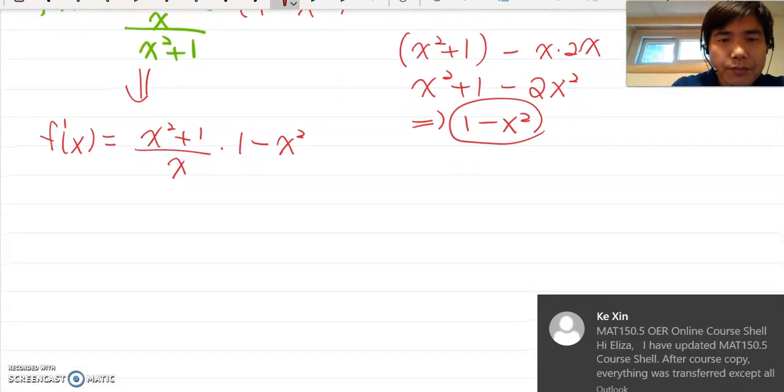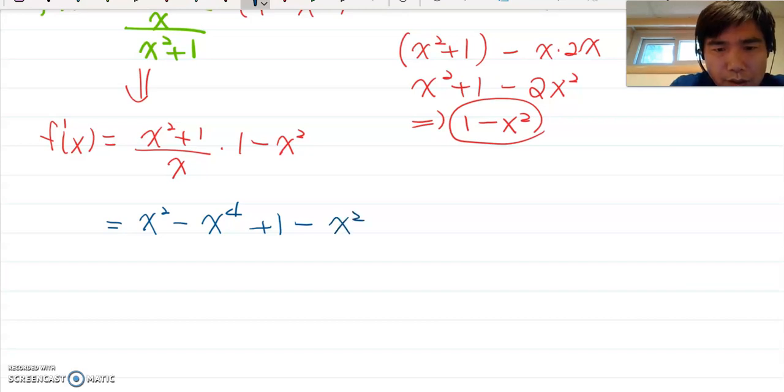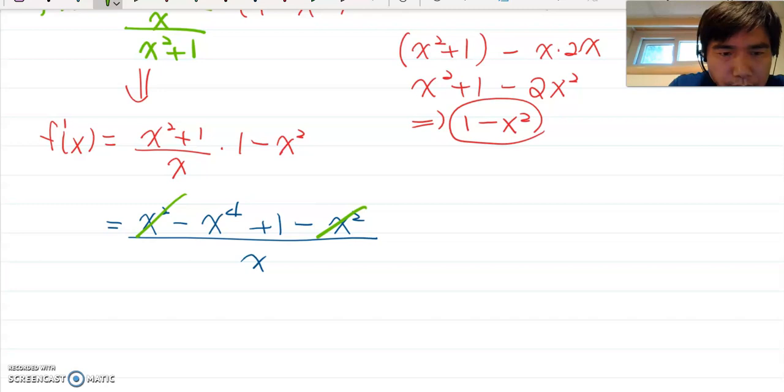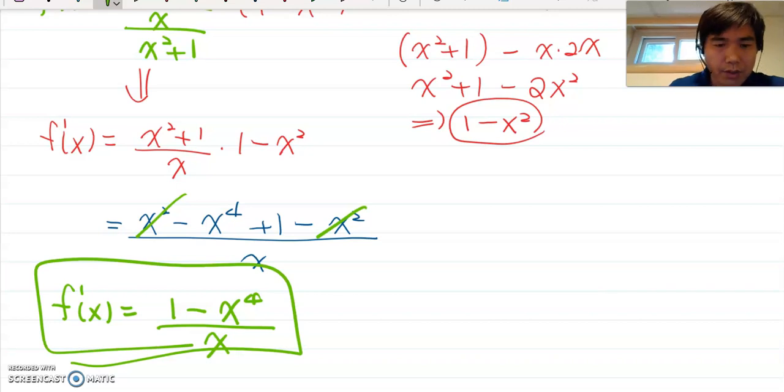Okay, so in this case I'm going to just expand this one, then x squared minus x to the fourth plus 1 minus x squared over x. As you see, we can cancel this and this, so the final answer f prime x becomes 1 minus x to the fourth over x. That will be the answer for this problem.